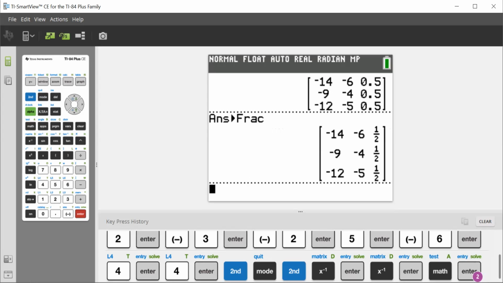The only downside to this is sometimes you will see this instead of written as we have here of -14, -6, and 1. Let me write it on the board. So instead of seeing it written as it is written here, sometimes you will actually see it, they like to factor out that 1 over the determinant.